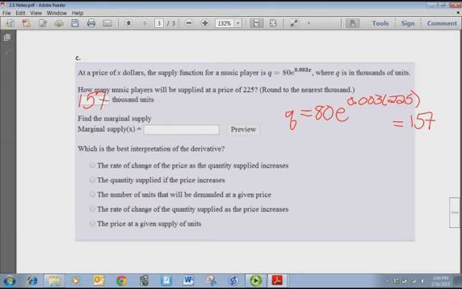Find the marginal supply. So marginal is derivative. So Q prime is equal to 80e to the 0.003x times 0.003.